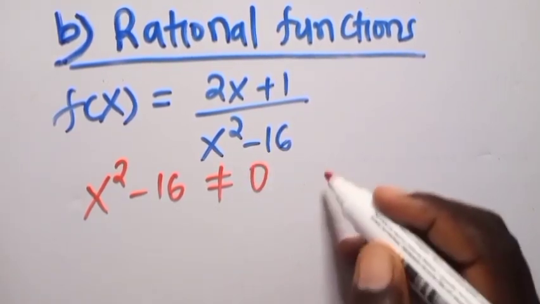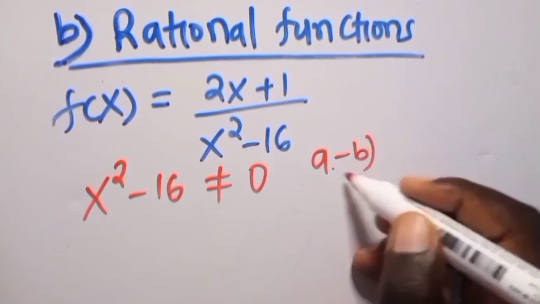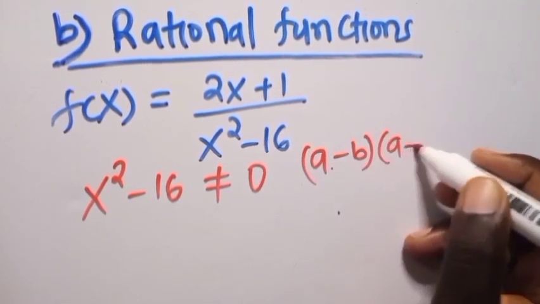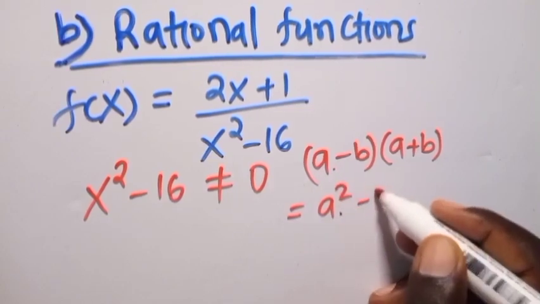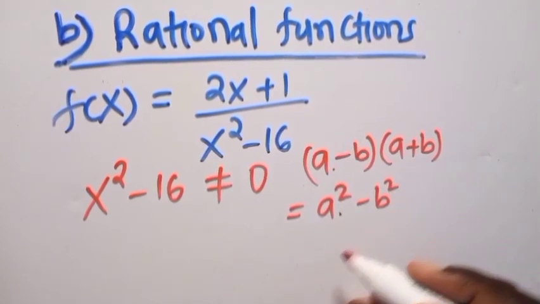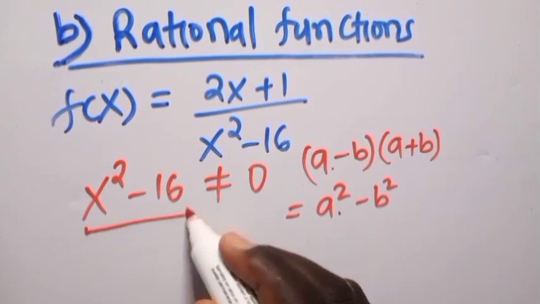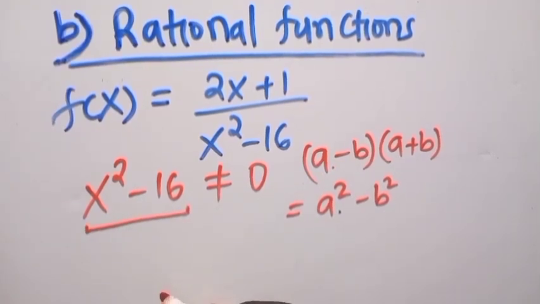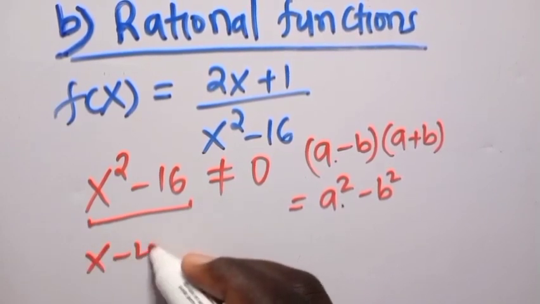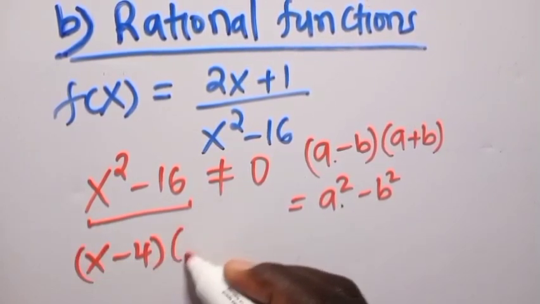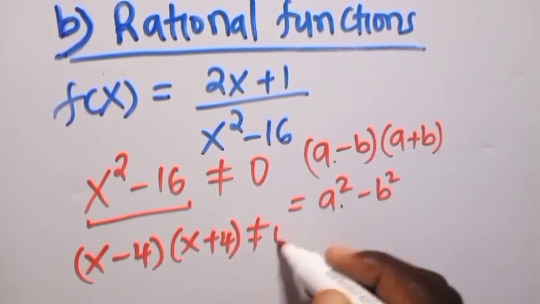We always know that a minus b, close the bracket, a plus b is the same as a squared minus b squared, a difference of two squares. It is the same thing that we shall do here, so we shall have x minus 4, close the bracket, x plus 4, should not be equal to 0.